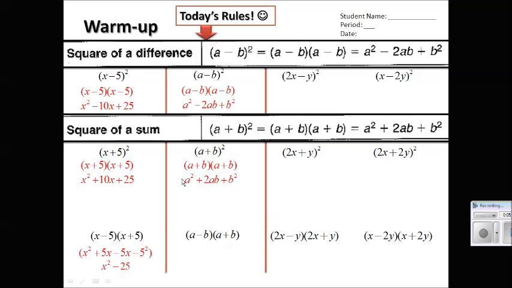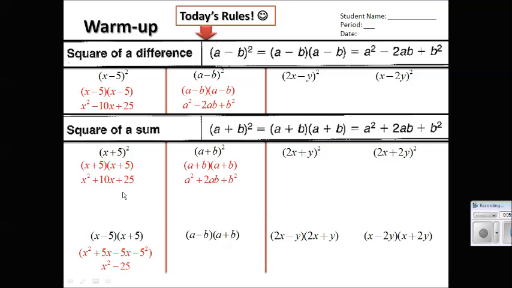And still a plus on the front and the back. So, depending on whether it's a subtraction or an addition, is what changes this sign in front of the middle part. But it's always a squared, b squared, 2ab in the middle. So these are shortcuts. If you see a square of a binomial, you can go straight to the answer.